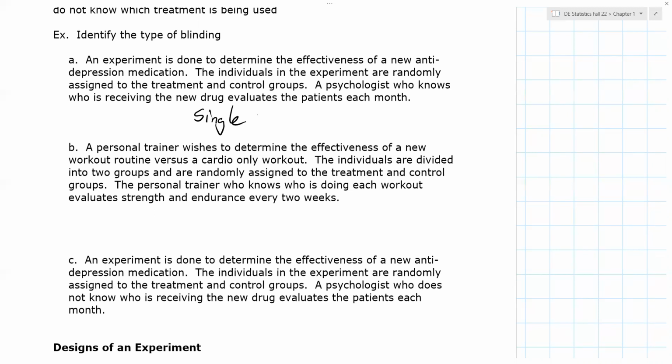In this case, this is neither. It has no blinding. The personal trainer assigns them to the group, so he obviously knows whether they're doing the new workout or the cardio only. But if I have to do a workout or I have to do cardio, I know which group I'm in.